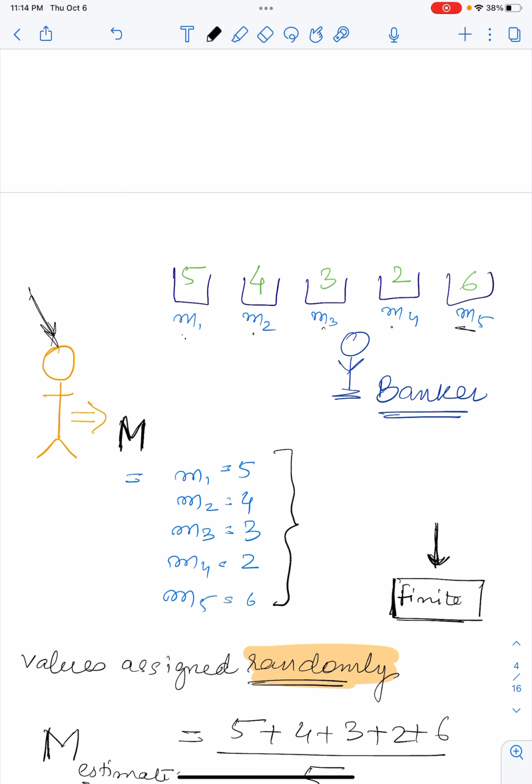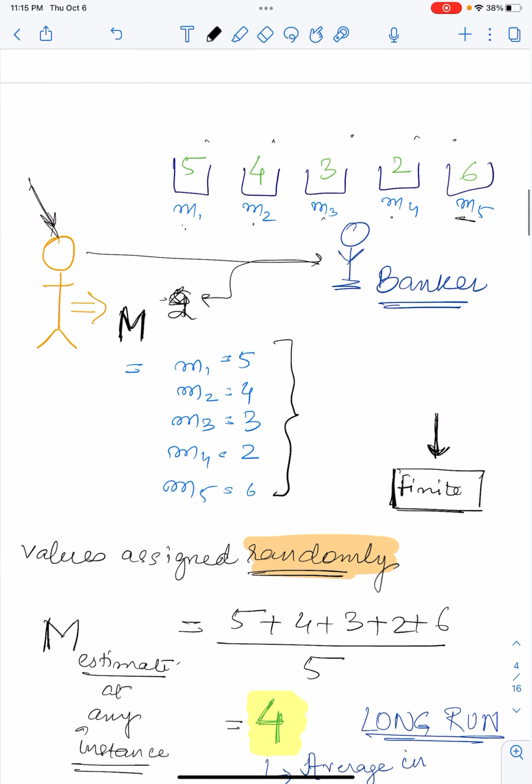I'm not talking about this being accumulated. It is just like once it will be 5. At another instance, the banker might give this person a 4, or randomly a 2, or whatever box has been picked up.